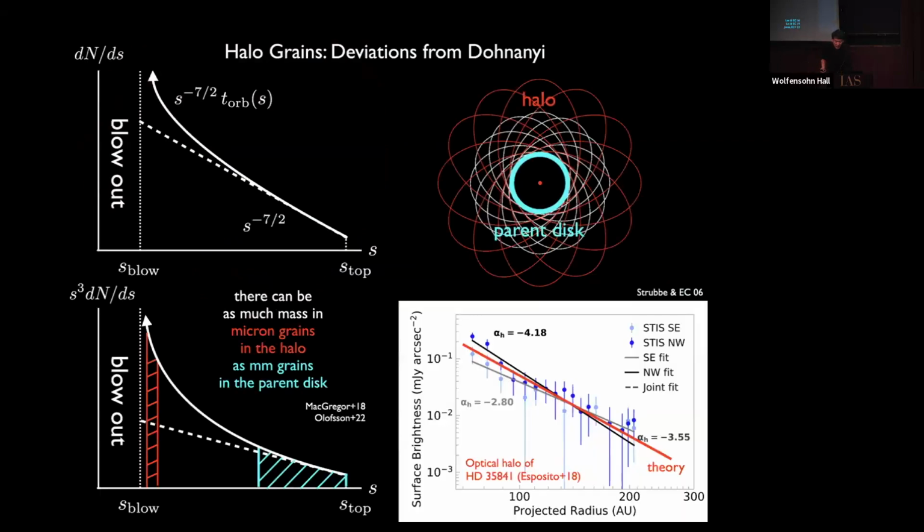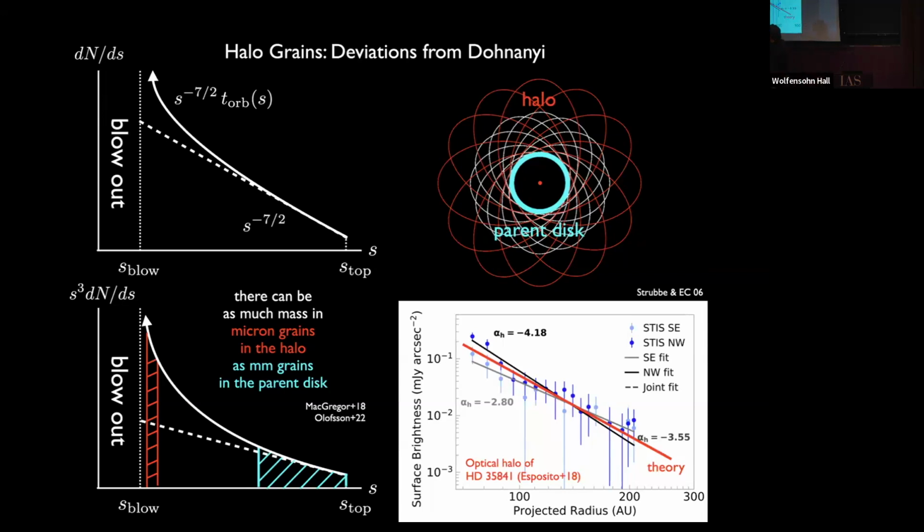There's a lot of them because when you blow out into the halo, you spend so much time lingering at apoapse. There's just nobody out there. Okay, so you're protected from collisions. So your lifetime goes up. As you approach the blowout size, as you get more and more elongated in your semi-major axis and eccentricity, your collisional lifetime goes up, and then in steady state, your population goes up. Okay, because you could just keep building that population out there if there's nobody there to destroy you.